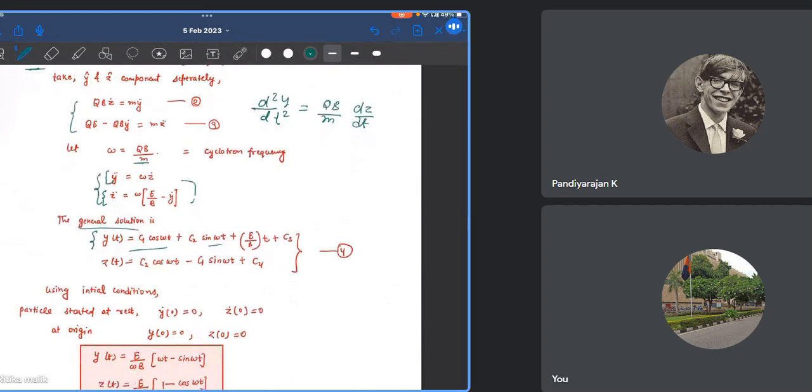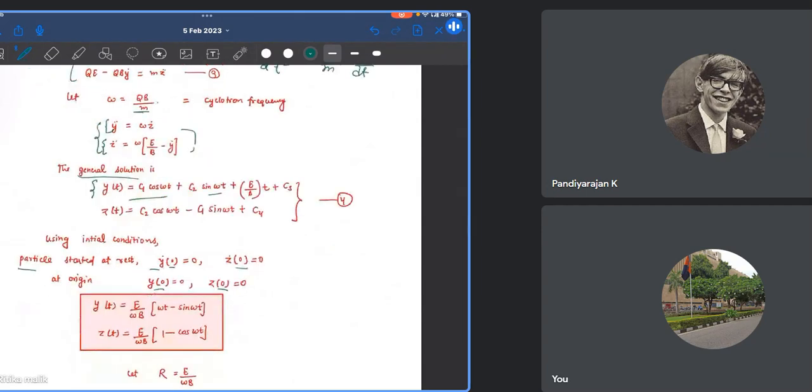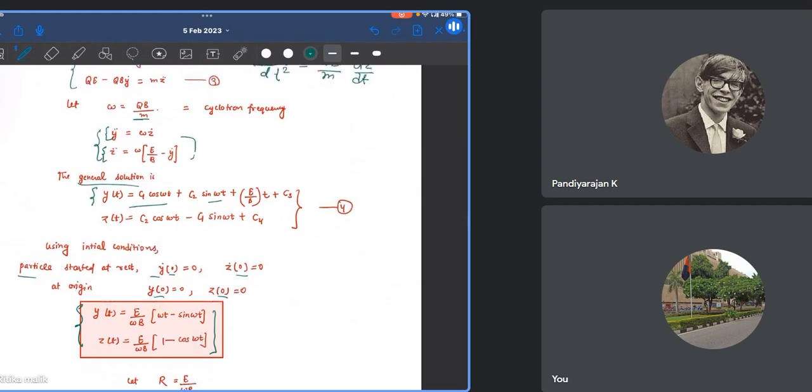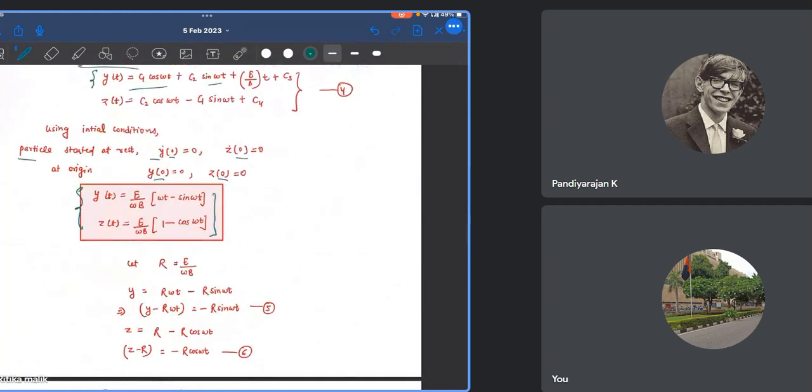Now using the initial condition that at the origin the velocity is zero and distance is also zero, we can see that y and z form a cycloid. Sine omega t, this kind of parametric equation is the equation of a cycloid.